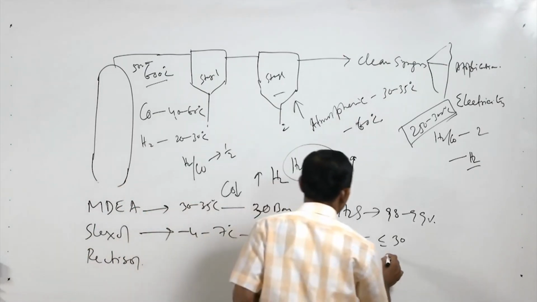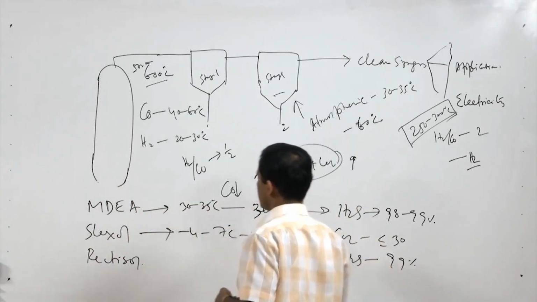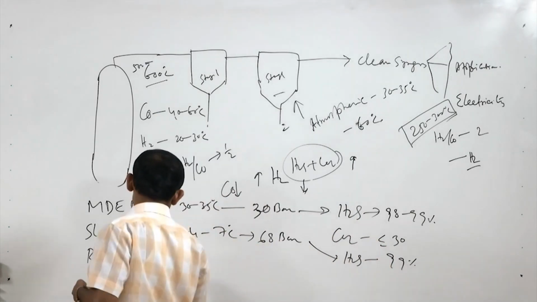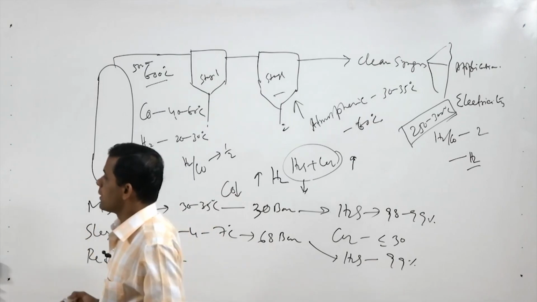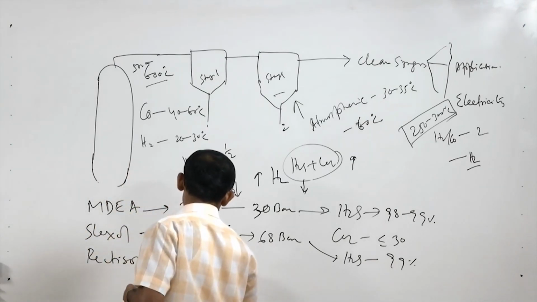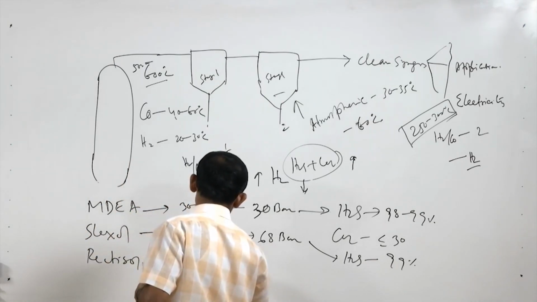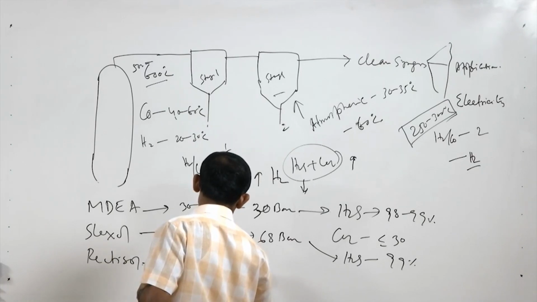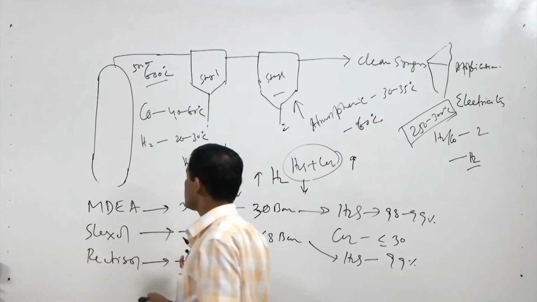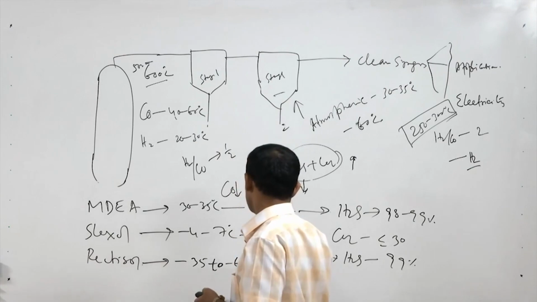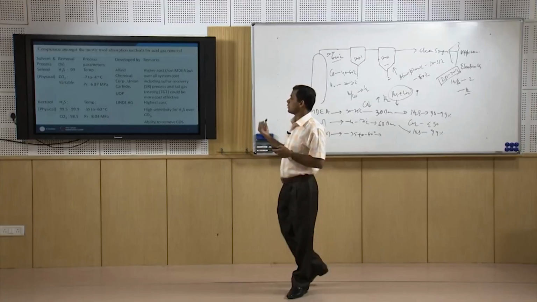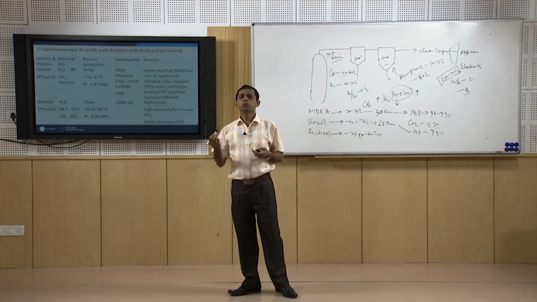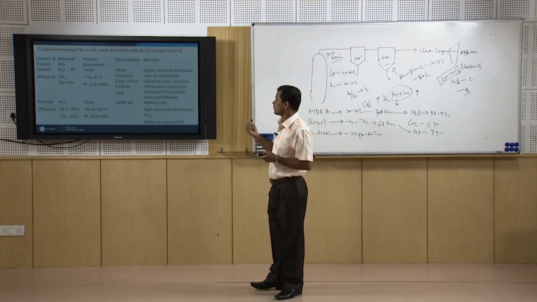For the Rectisol method, the temperature is minus 35 to minus 60 degree centigrade. So, very low temperature. At this temperature the H2S capture capacity is very high for this absorbent, and CO2 is also captured almost completely.